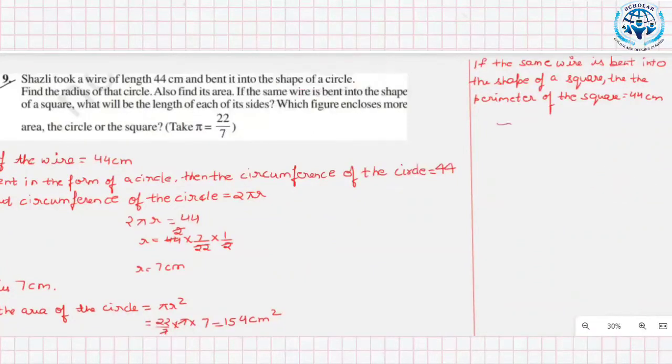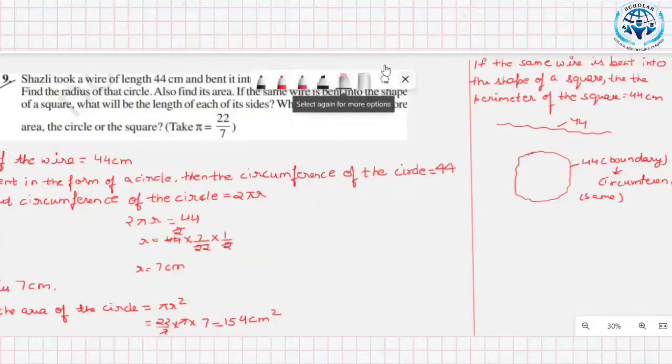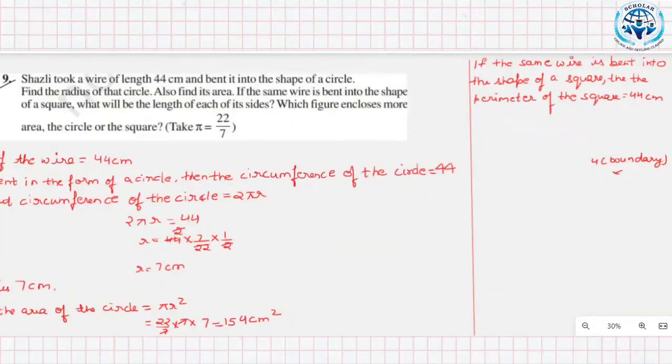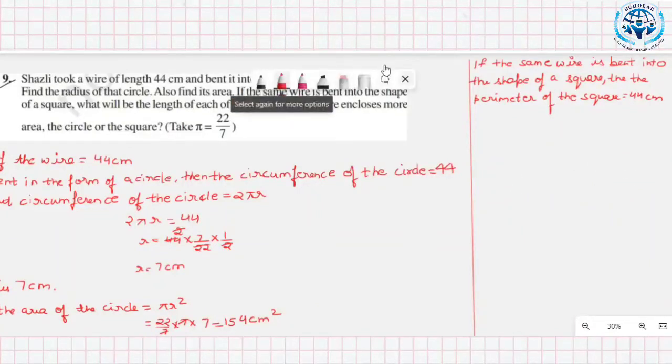This is a wire. It was bent into the shape of a circle. The circumference, that means the measurement of all the sides, that is the circumference of the circle, will be 44. This was for clarification.